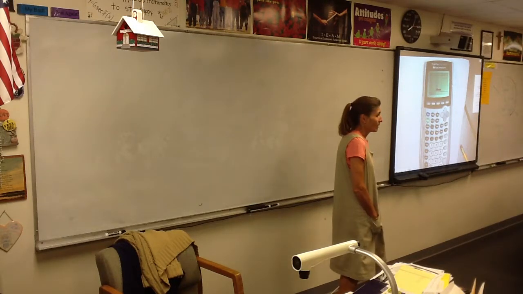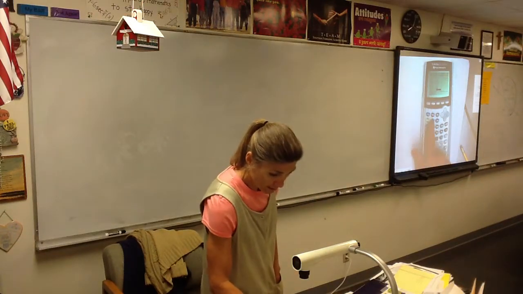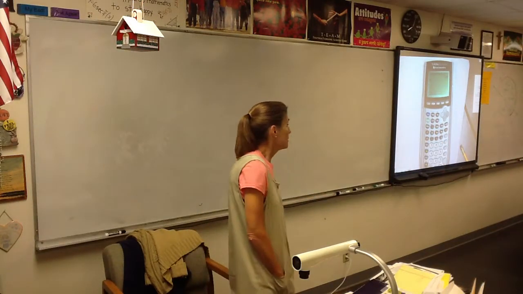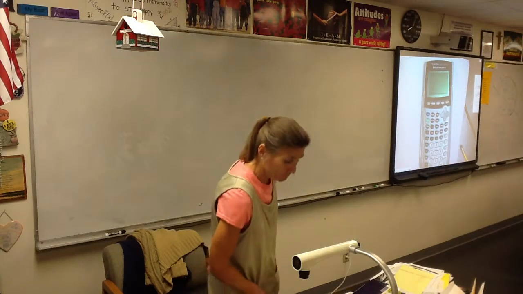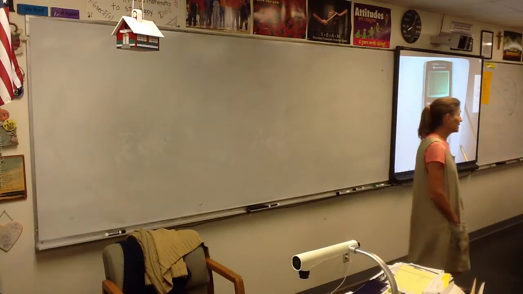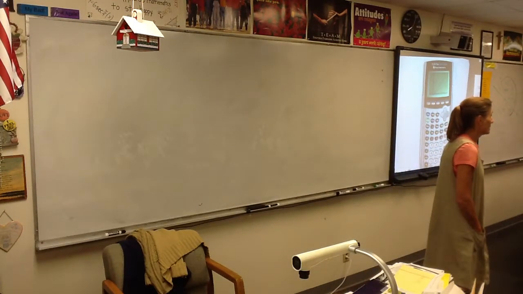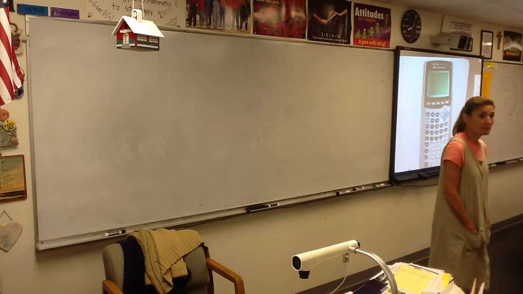All right, so we got our data in. And I'll just quit. I'll just hit second quit. Now I'm going to hit Graph. And what did the calculator just do? It plotted the points that I put in my table.